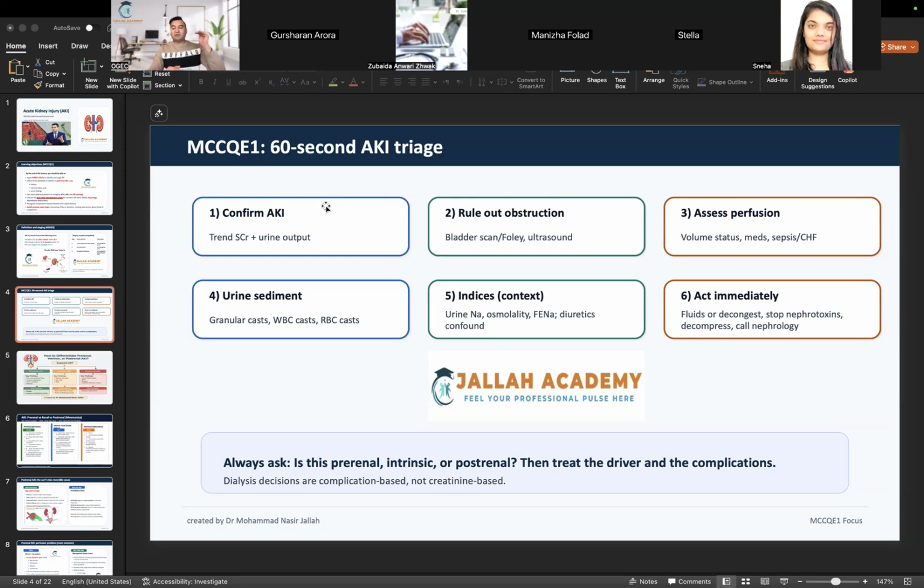But remember, you have to be very smart to tell whether it is pre-renal, post-renal or renal, not only whether to start the fluid or not, or do something completely opposite of fluid, for example furosemide, which is decongestive therapy. Stop nephrotoxins. Again, as I mentioned before, you cannot forget about medication.